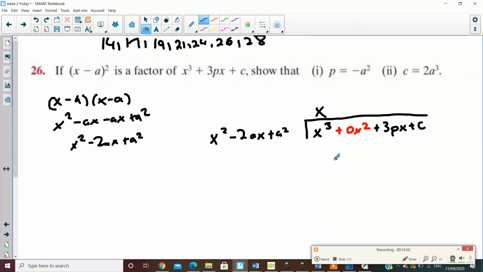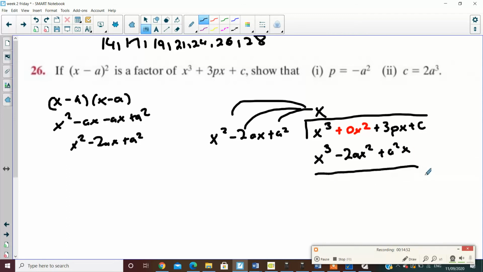So x times x squared is x cubed minus 2ax squared plus a squared x. Take them away.